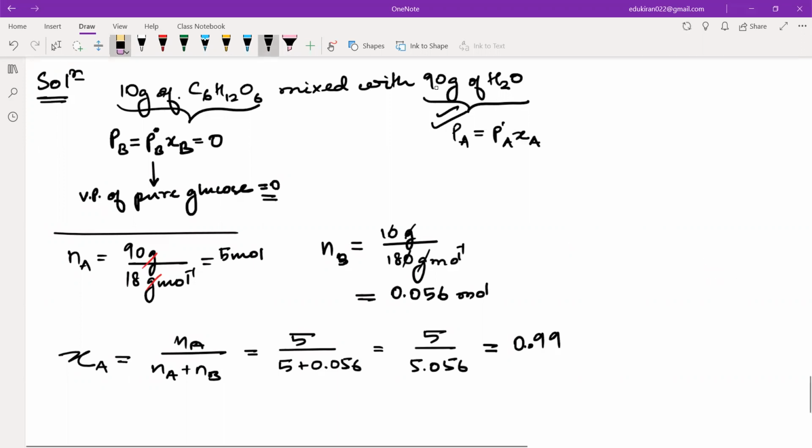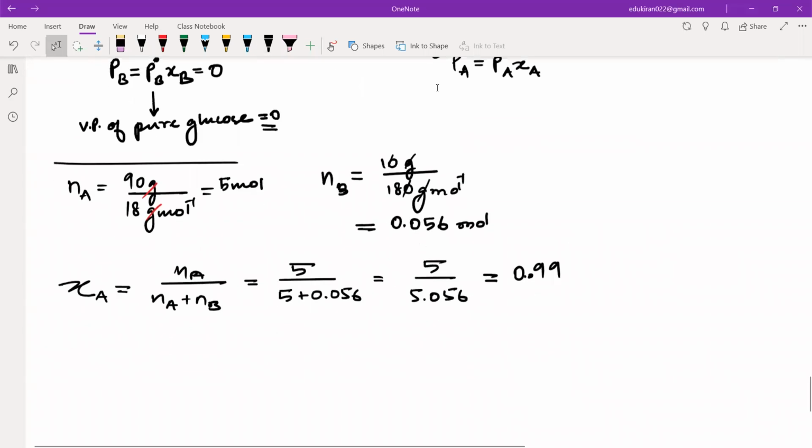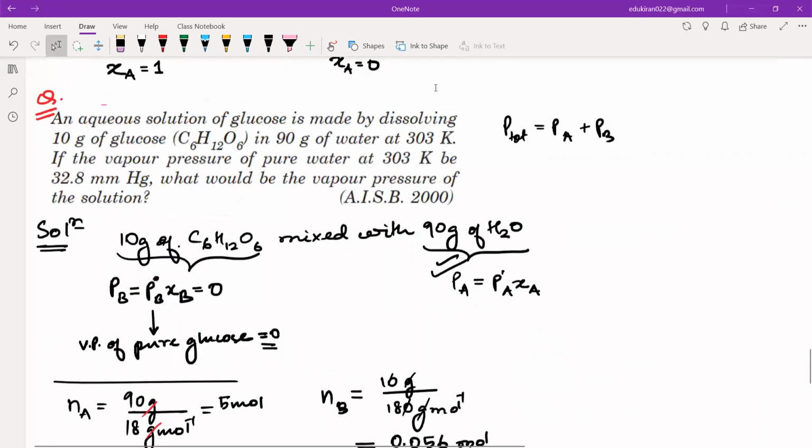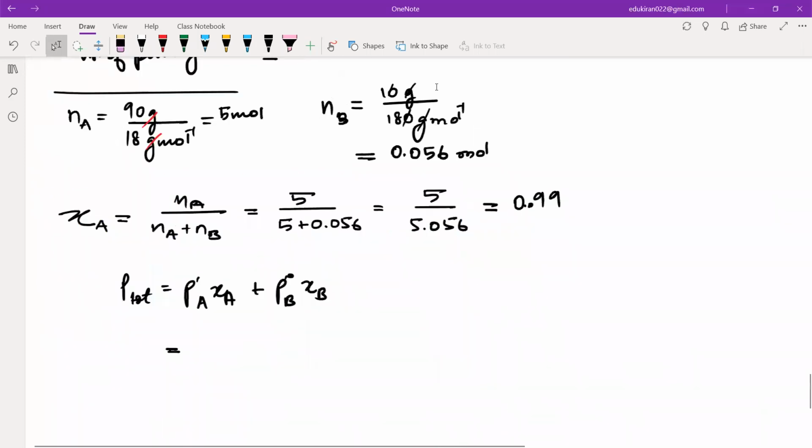Now you can write the P total. So P total is equal to P naught A chi A plus P naught B chi B. And what is P naught A that they have given? 32.8.